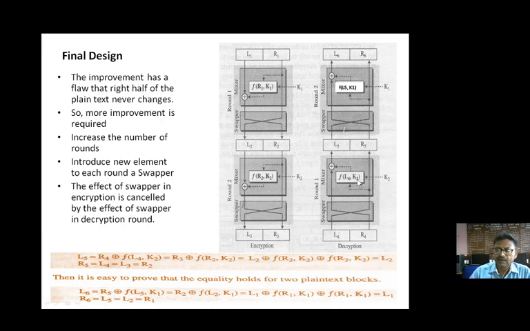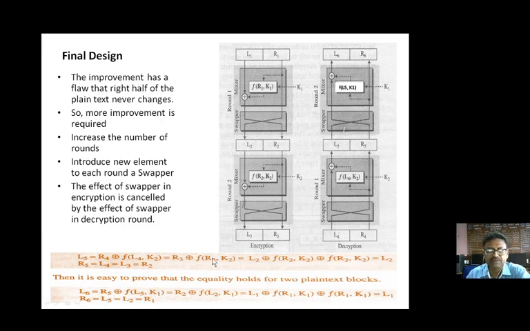Now F(L4, K2), L4 is equal to what? Before going to that, we have R4 plus F(L4, K2). R4 is equal to R3, I have assumed it. And L4 is equal to L3, and this L3 is nothing but R2.